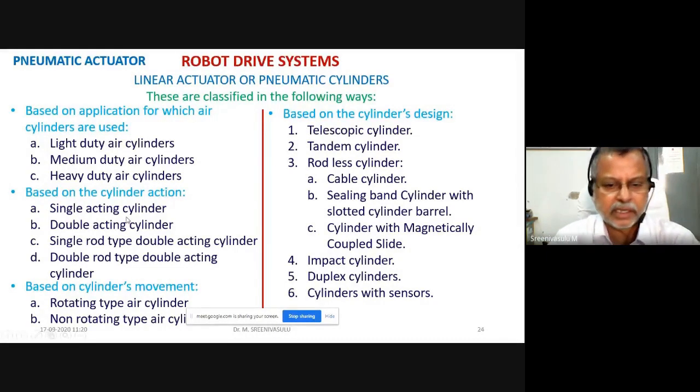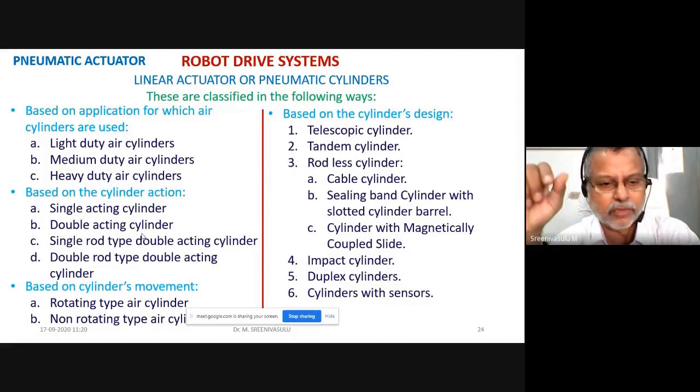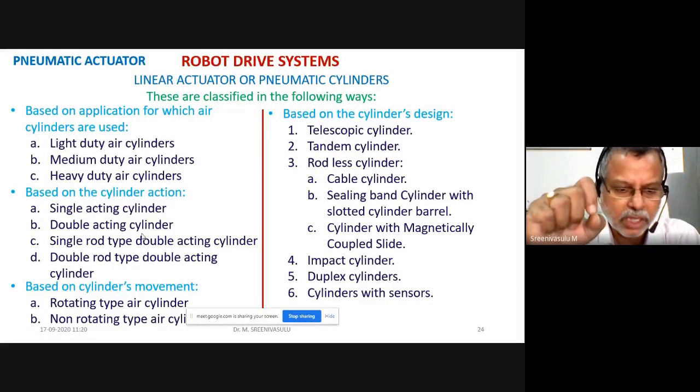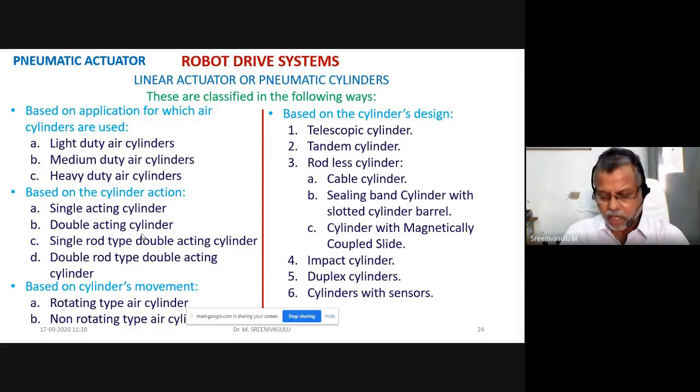Coming to the double acting, pressurized air is going to be admitted into either the left side or the right side of the piston. In that process, for a double acting piston, if you have one rod attached on one side, you can imagine one connecting rod moving forward and backward.